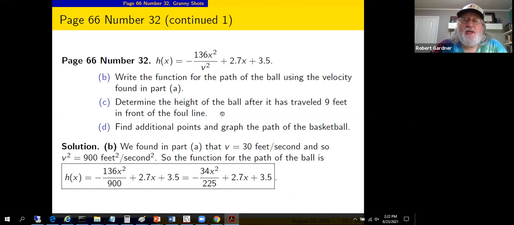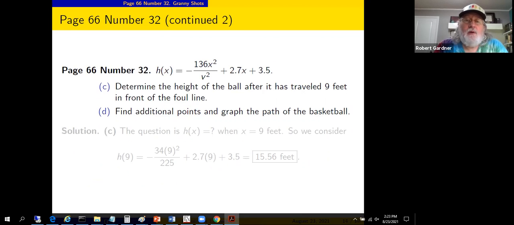Part C, determine the height of the ball after it's traveled 9 feet in front of the foul line. X measures distance in front of the foul line, so we'll plug x equals 9 into this function. We got the function from part B. The question is, h of x is what when x is 9 feet?